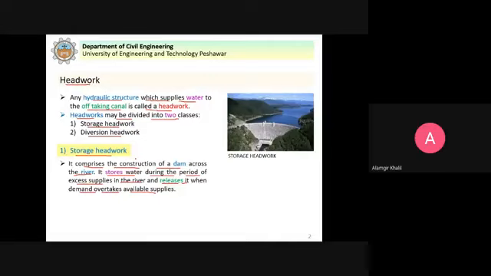In storage headwork, basically we have a dam which stores the water, and the duration is relatively longer relative to the diversion headwork. So a dam basically regulates the flow of water in the river.